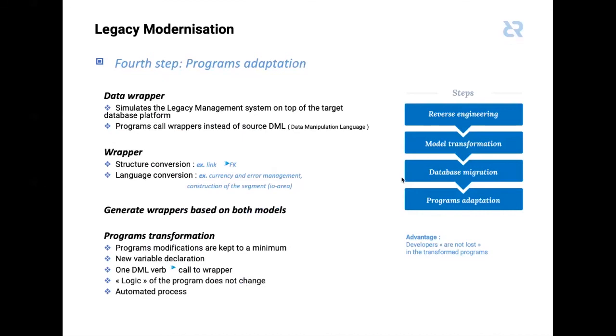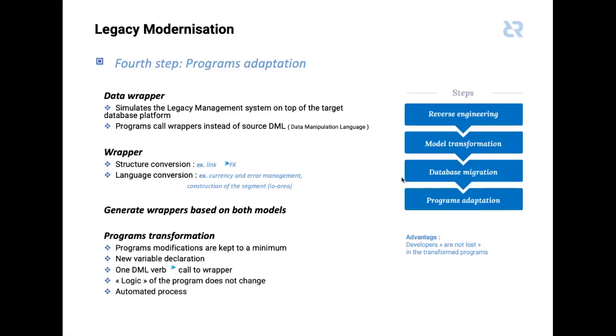And the fourth step, which is of course really important as well, is the program's adaptation. So first of all, our data wrapper, which is the robot, will simulate the legacy management system on top of the target database platform. So that means that your old applications will be able to work with the new environment as if nothing's changed.